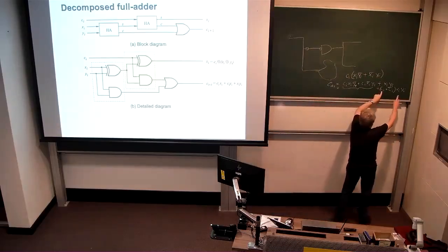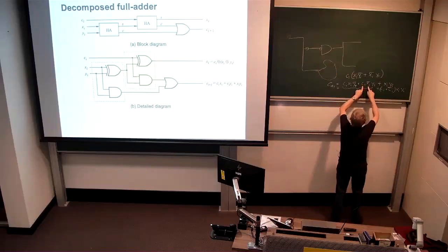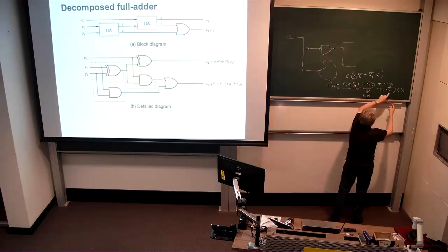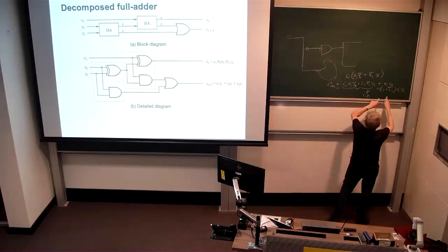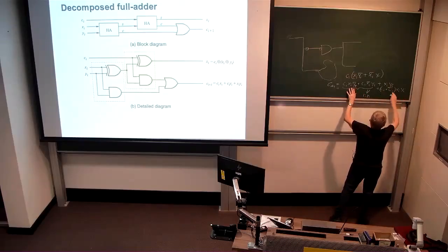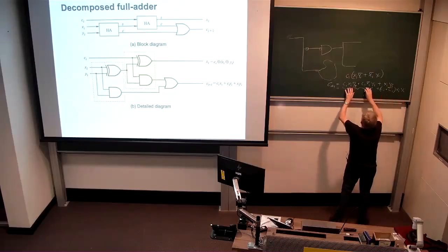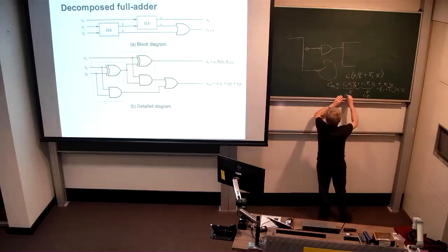Then I can take Ci Xi Yi and AND that together with Ci not Xi Yi, and I'm left with Ci Yi. And I can take not Ci Xi Yi, and I can combine Ci Xi Yi with both of these terms to get, in this case, Ci Xi.